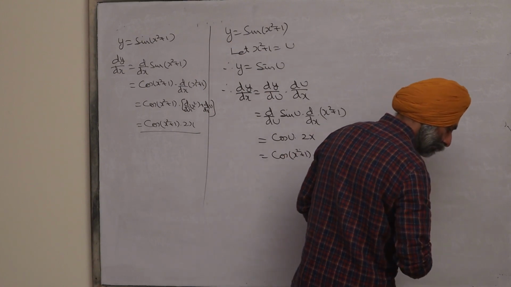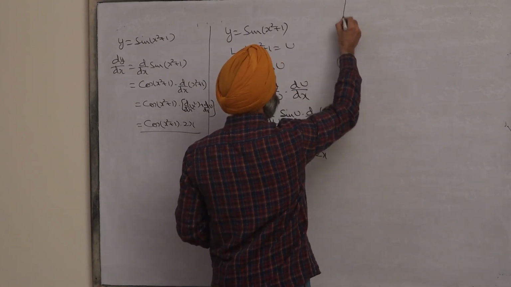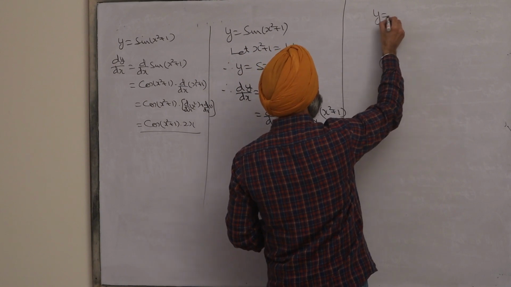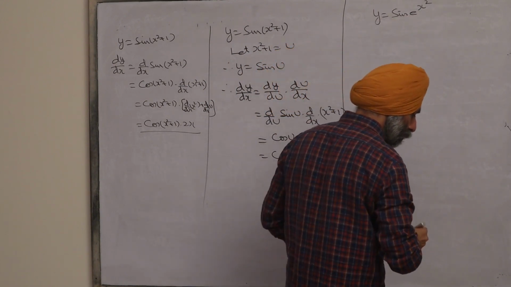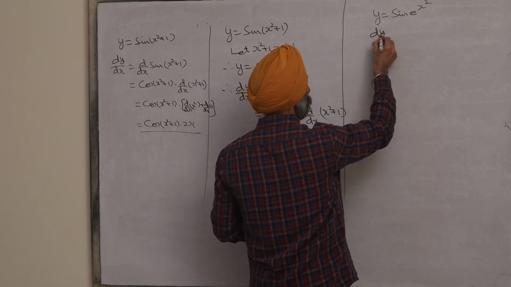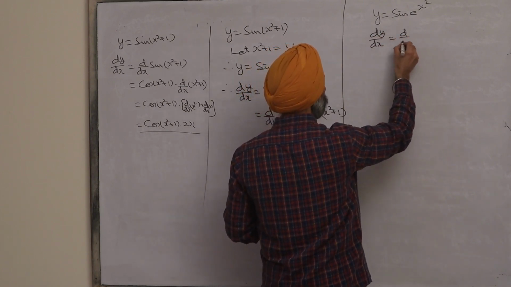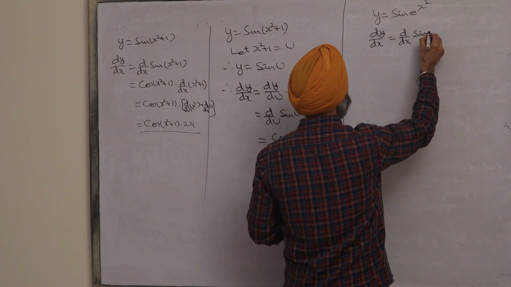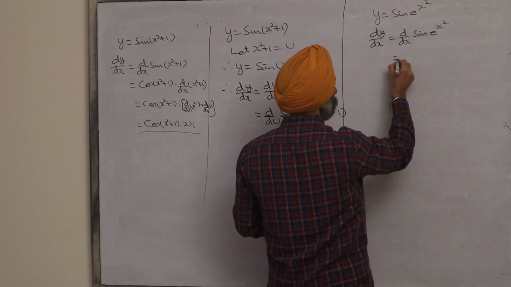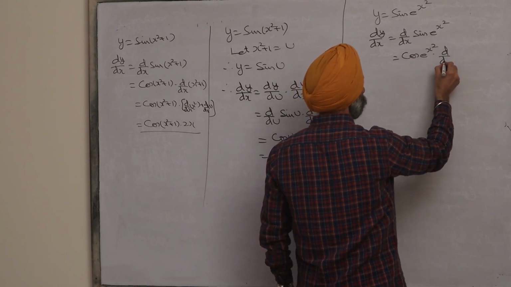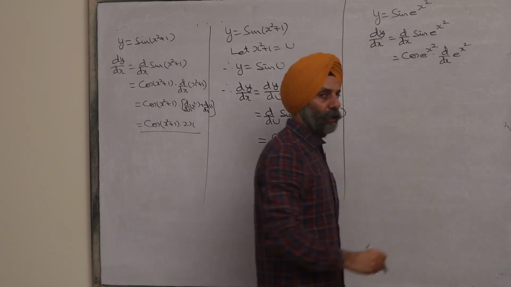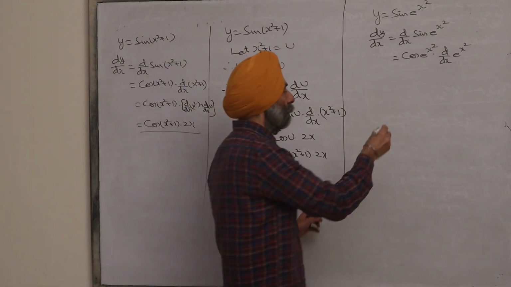Now next, let's say we want to find the differential of y is equal to sine of e raised to power x square. So what is dy over dx? This is d over dx of sine of e raised to power x square. Differential of sine is cos of e raised to power x square into d over dx of e raised to power x square. So what is that?